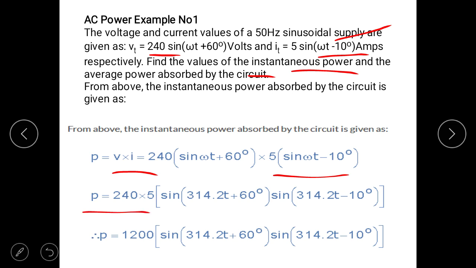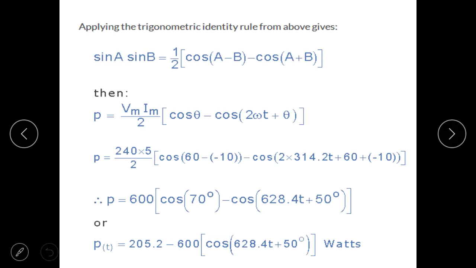So P is equal to 240 into 5 sin(314.2 t plus 60 degrees) sin(314.2 t minus 10 degrees), or P is equal to 1200 sin(314.2 t plus 60 degrees) sin(314.2 t minus 10 degrees).